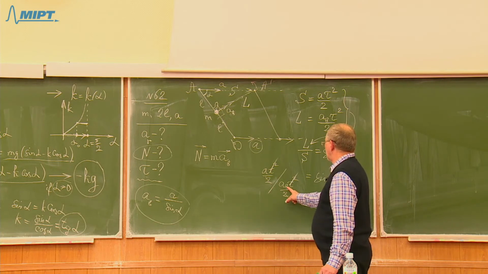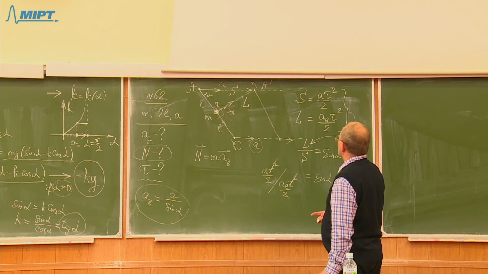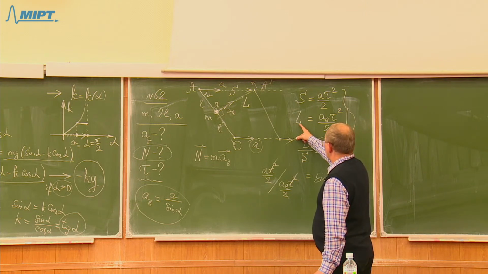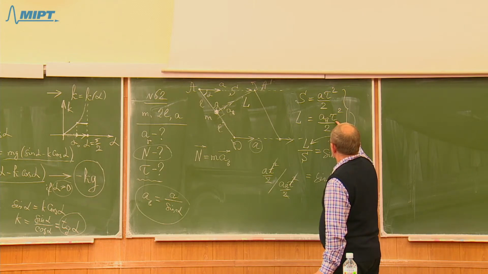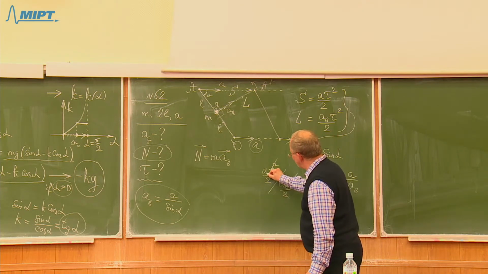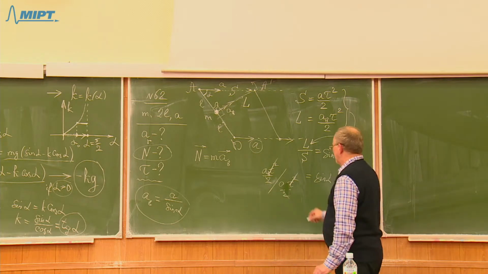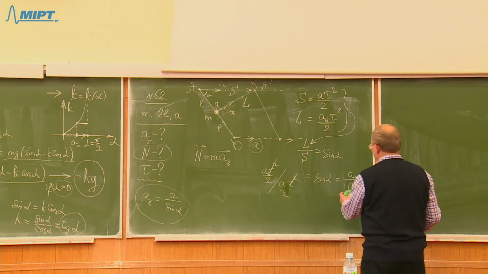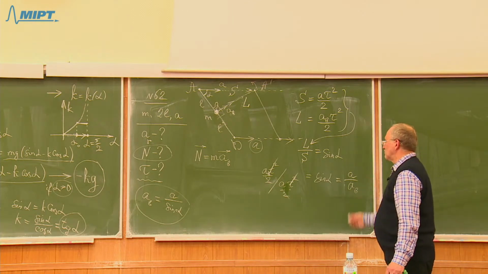But we say L is AB, the acceleration of the bead. Yes, it's supposed to be on top, it should be in the denominator. Thank you. That was a mistake, a typo. So this fraction should be inverted.